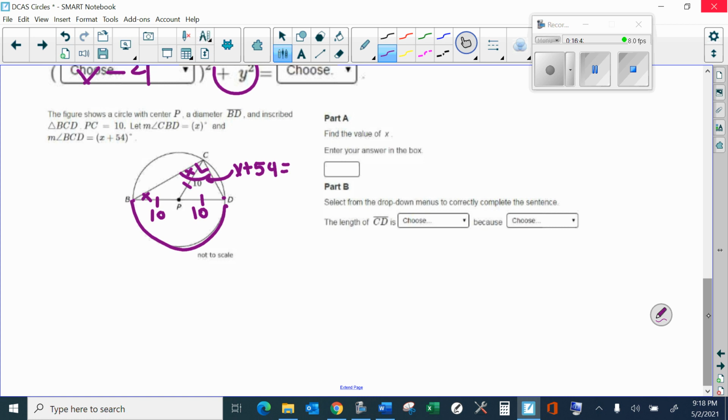Well, we know that whole thing is 90 degrees. So angle BCD equals 90. Now we can solve for X. Subtract the 54 across, and I get 36 degrees.